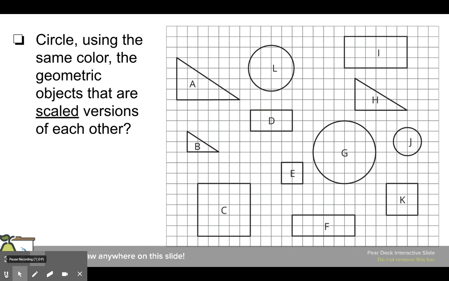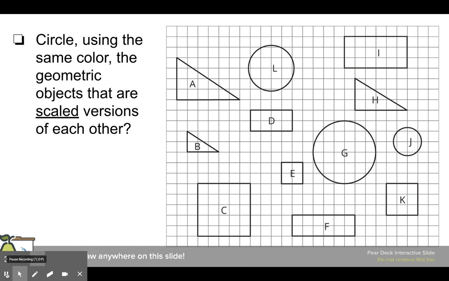So you have a number of different shapes, and in your journals, I want you to jot down which ones you think are scaled copies of each other. After that, I will give you further directions. So let's pause and determine which one of these are scaled copies. Now, all of them might not be a scaled copy, but let's see which ones you can find.